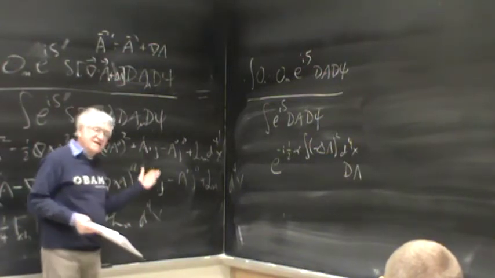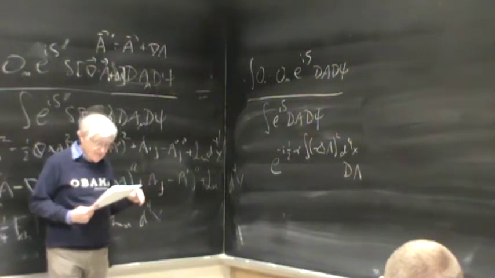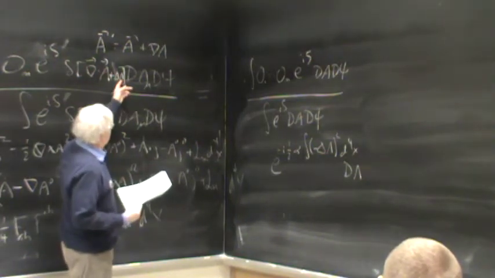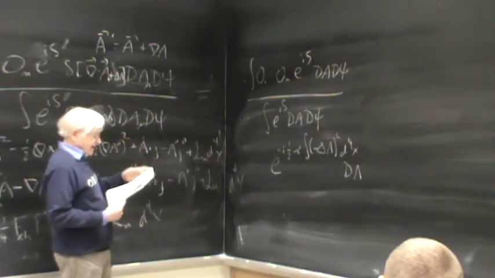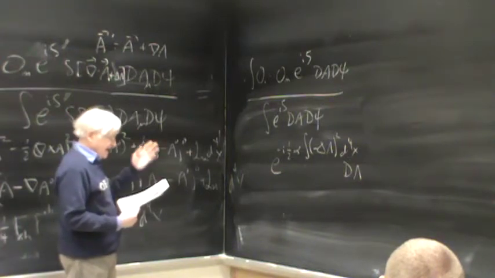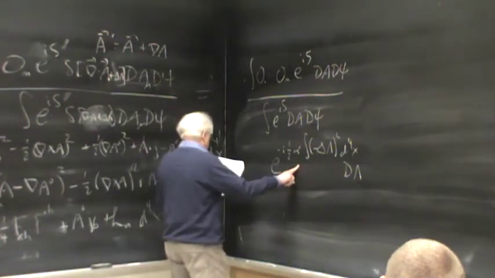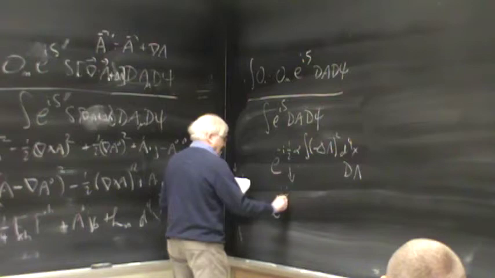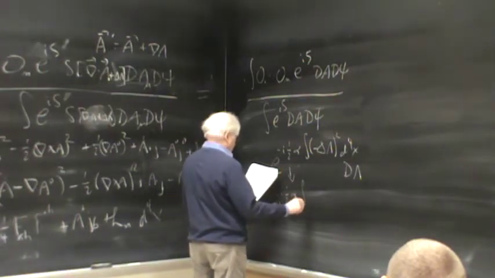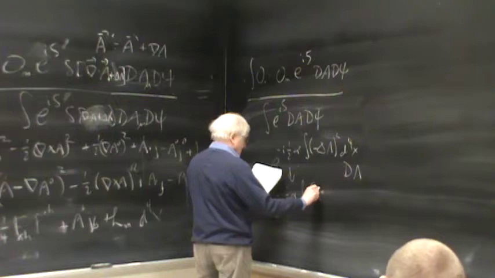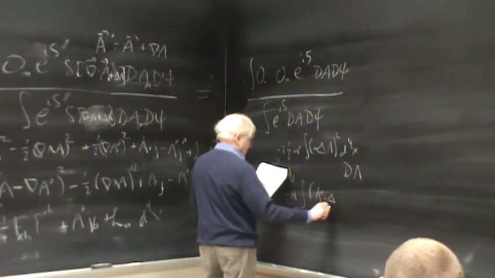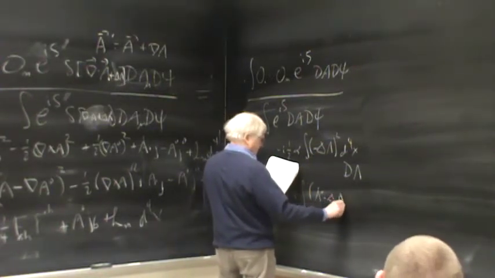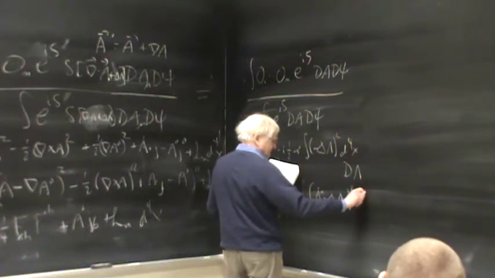But before we integrate over the gauges, we shift each gauge so that lambda shifts by A0 dot, so that this thing turns into e to the minus i a half integral, and now it is A0 dot minus Laplacian of lambda squared d fourth x.